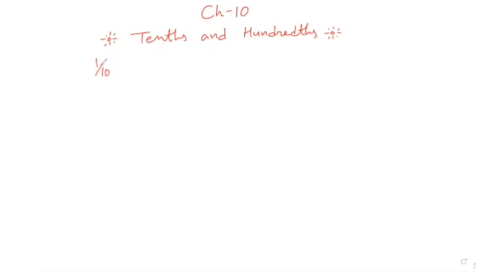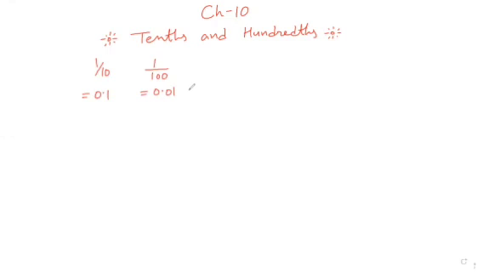Similarly, when we represent anything in 10th part or in 100th part, that is one kind of special representation. We are telling that decimal. Like 1 upon 10 can be written as 0.1 and 1 upon 100 can be written as 0.01. Okay.